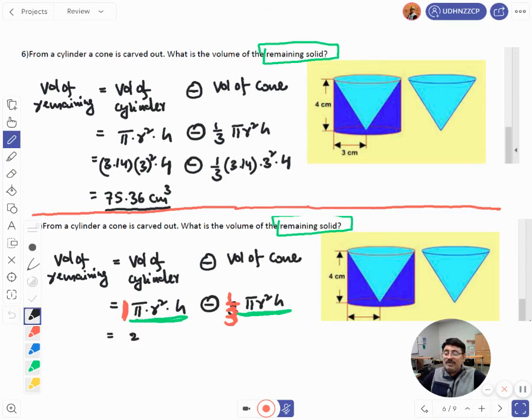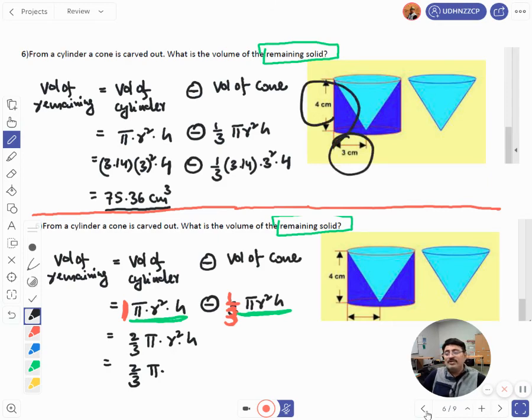So you are left with 2/3 pi r square h. This is what we are left with. So 2/3 pi times radius and height, you just plug in those values. Radius is here 3 square times height 4. So 36 by 12, then you may compute using your calculator.